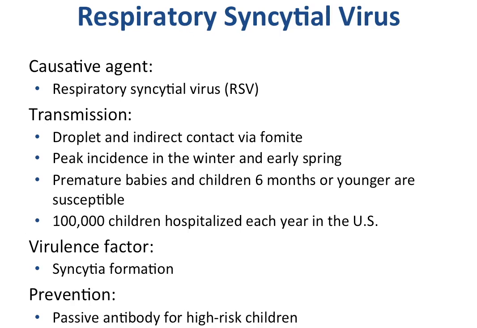For example, if some people contact the patient's upper respiratory secretions, they can get the infection. The season would be winter and early spring. Premature babies and children 6 months or younger are susceptible.